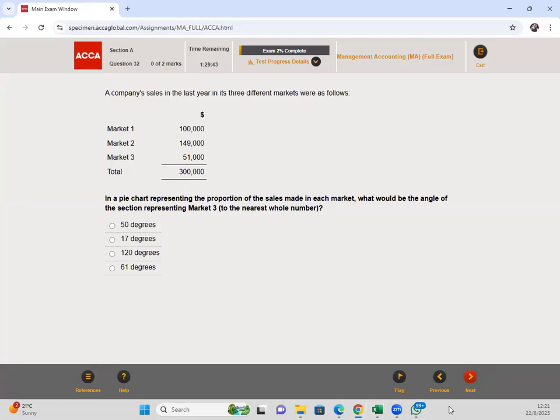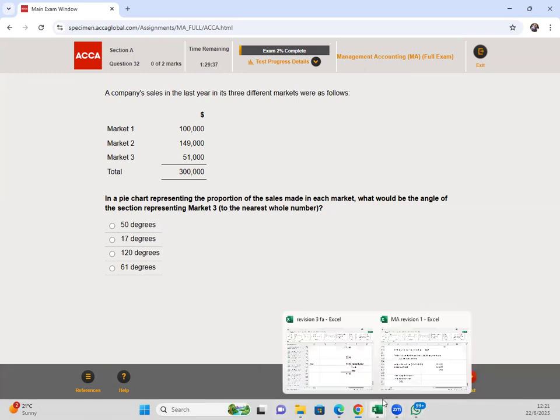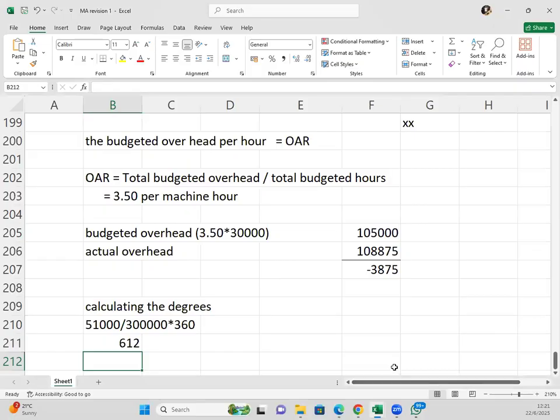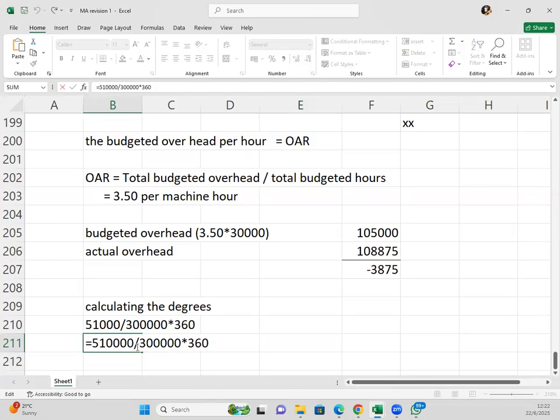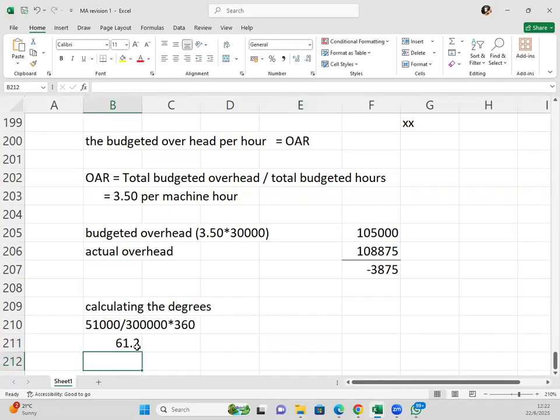It can't give me that amount. Let's redo that calculation just a moment. It's supposed to be 51,000. I had written a lot of extra zeros there.